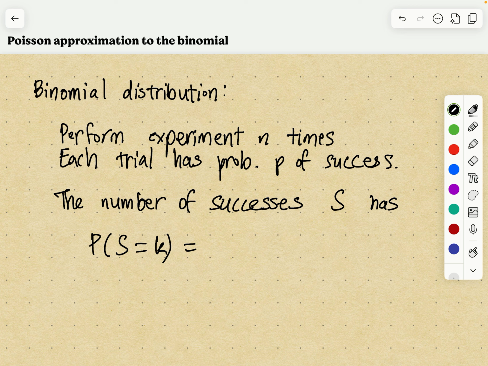If you have k successes out of n, then you have n minus k failures. So you have n trials, and you have to pick exactly k of them to be successes. So there are n choose k ways to do that.